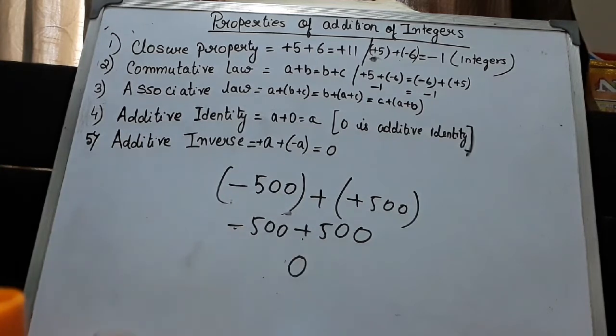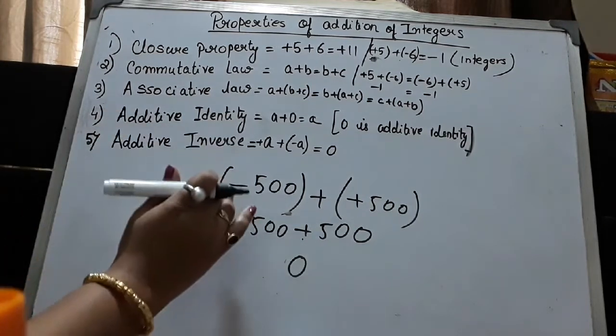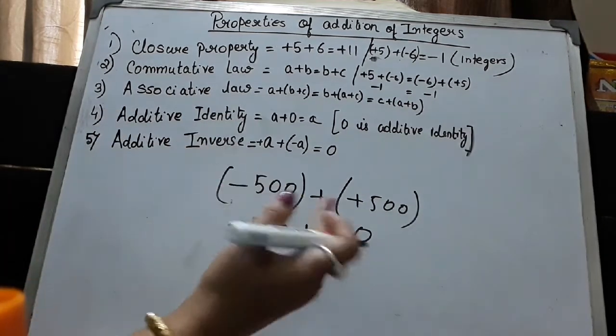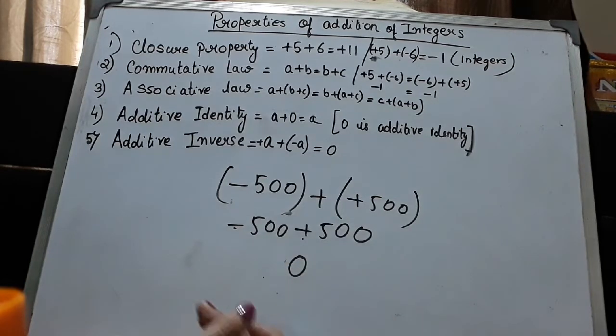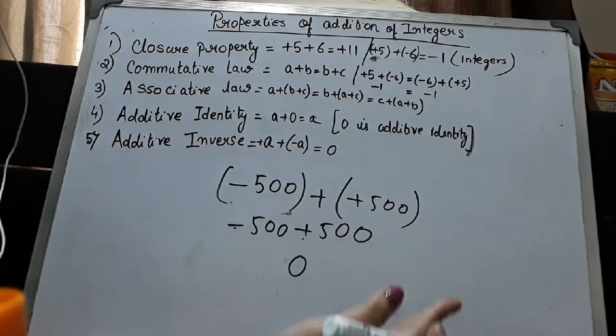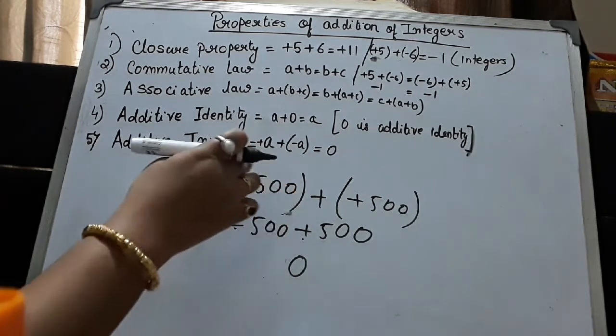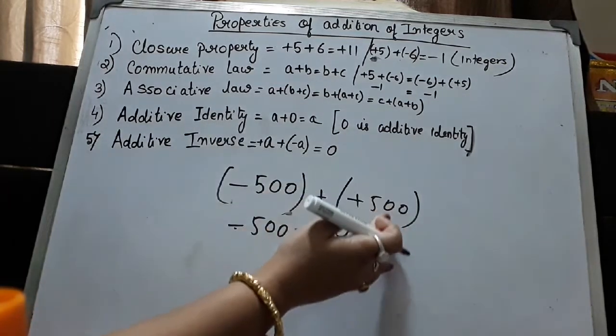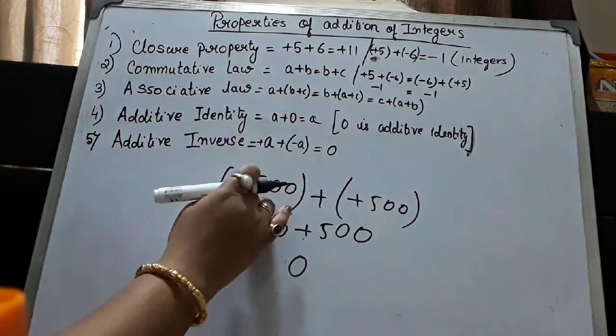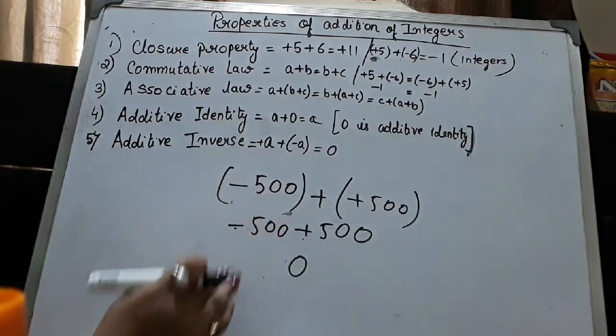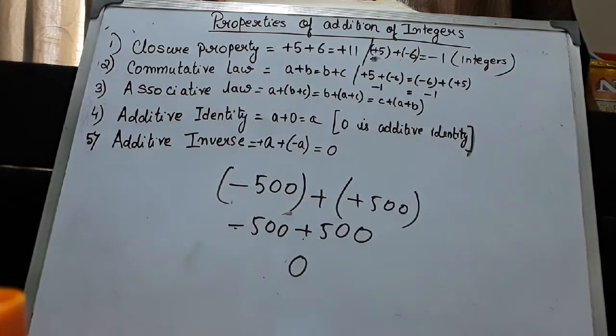So answer is 0. That means when we add any number with its inverse, if I am negative, I am adding myself with my positive number, then my answer will be 0. Same way, if 500 is positive and you are adding with its inverse, that is minus 500, your answer will come 0. I hope it is clear.